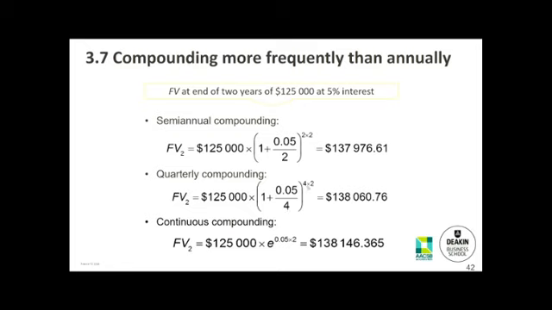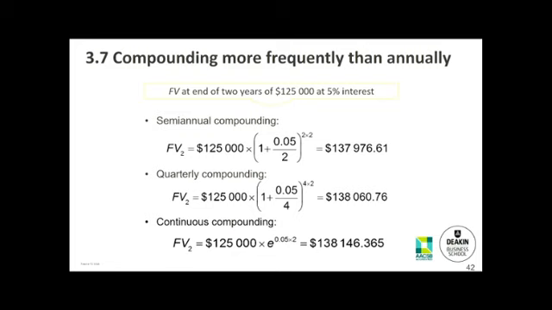M times N will then be 4 times 2, which is 8. And what's the future value? $138.60. Is it higher or lower than semi-annual compounding? Higher, right? The more compounding periods, the higher the future value.